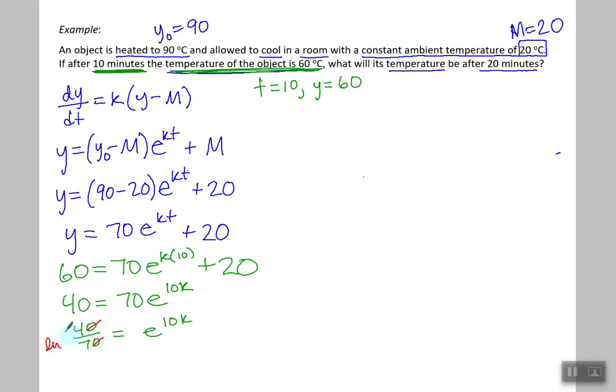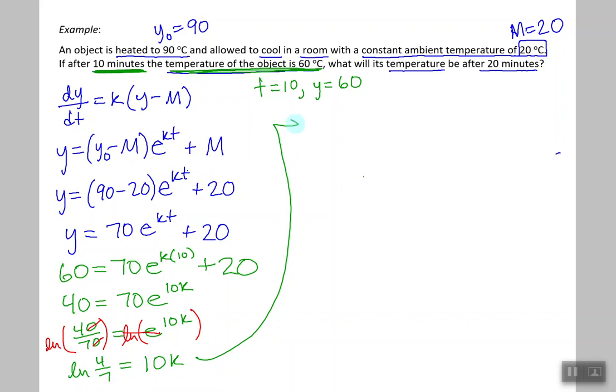I can take the natural log of both sides to get the k out of the exponent, and I'm left with the natural log of 4/7 equals 10k. To get k by itself, I need to divide by 10. So k equals the natural log of 4/7 divided by 10.